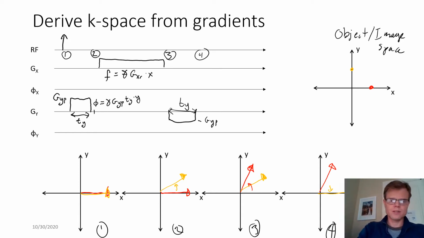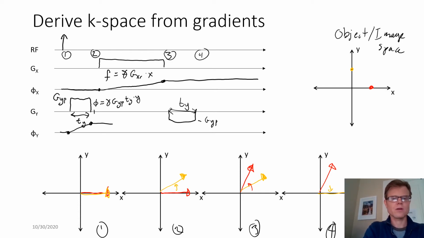So these two cases alone, we can use to map the phase in x. No accumulation of phase as a function of x position. And there is some net phase accumulation during this gradient, and then it's turned off. Then in y, phase variation in the y direction is going to accumulate to some value.